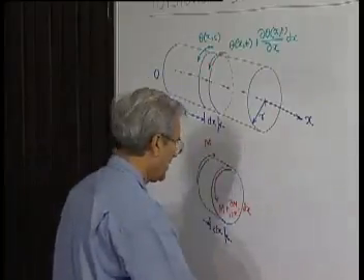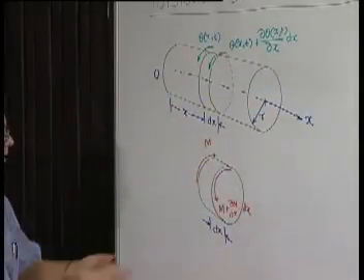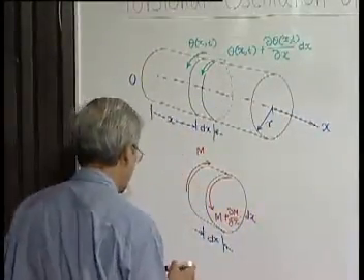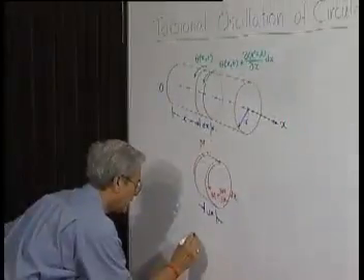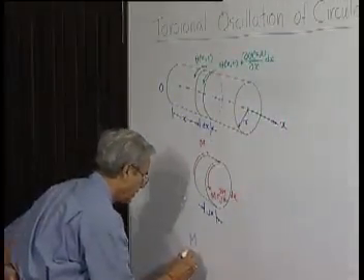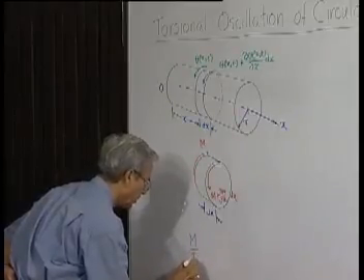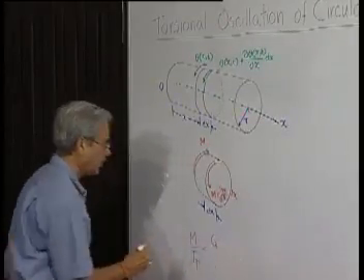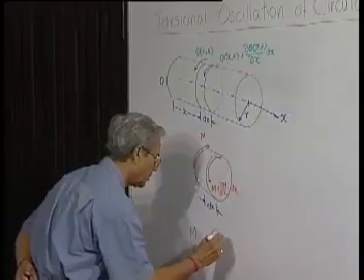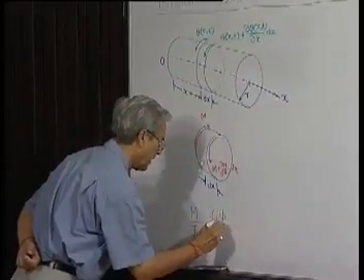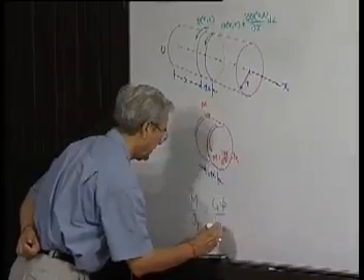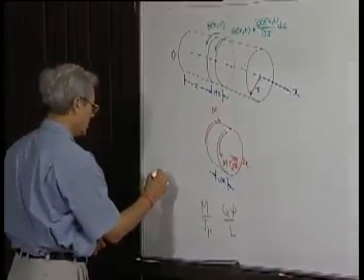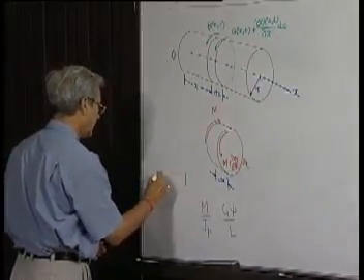Then the twist which this shaft is subjected to, it may be an element but nevertheless it is a shaft, will satisfy our standard relation: moment on a shaft by the polar second moment of area is equal to shear modulus G times the amount of twist phi by the length L. This is the standard relation we know for the torsion of a shaft, whose length is L.